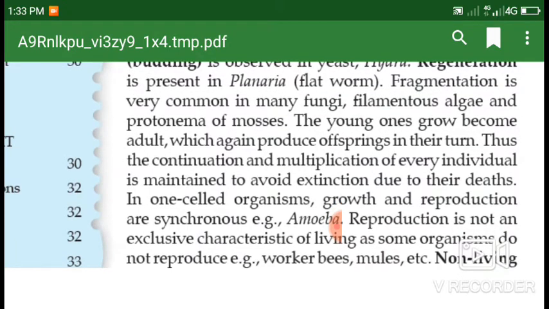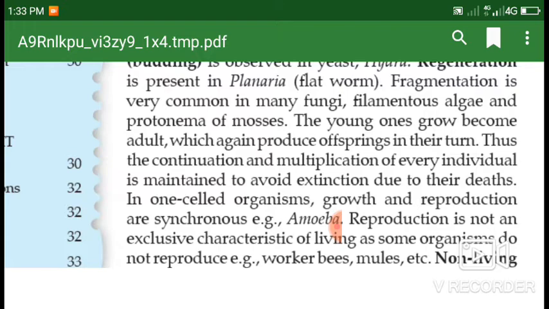Thus, the continuation and multiplication of every individual is maintained to avoid extinction due to their deaths. So, what happens if there is no reproduction? It means no new organism is produced, so there would not be any living organism on earth, because at a particular period of time every individual has to die.